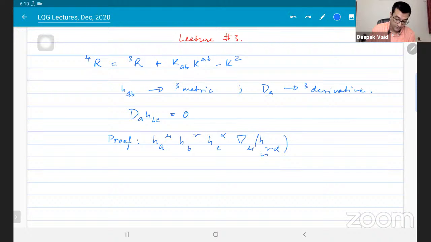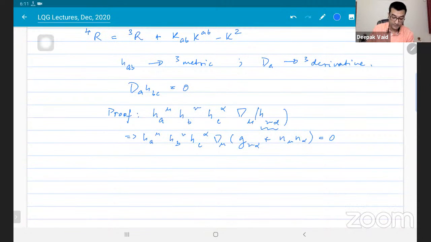Then for this expression, you can substitute this, and this derivative operator annihilates the metric. So that part is 0. And then you can do some algebra, and also because h annihilates the orthogonal vector, this hypersurface-orthogonal vector field, the answer is 0.